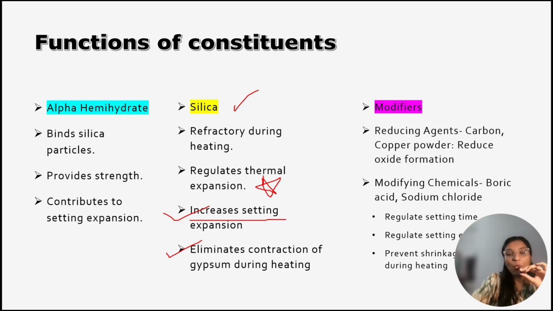Now modifiers are reducing agents and some modifying chemicals. Reducing agents are like carbon and copper powder. This will provide a non-oxidizing environment to the casting and prevent its contamination. Modifying chemicals are boric acid and sodium chloride. They will regulate the setting time and setting expansion of the casting.